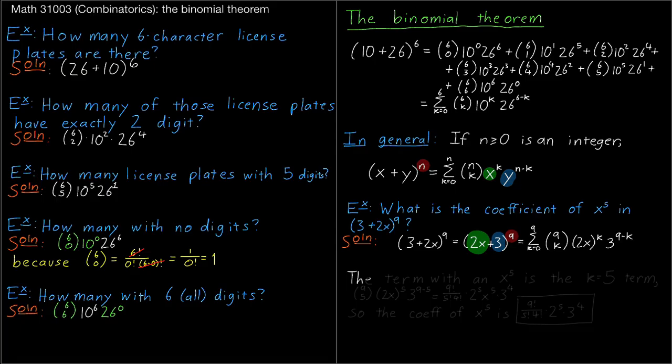So the term with an x to the 5th in it is the k equals 5 term, which is 9 choose 5, and then 2x to the 5th, 3 to the 9 minus 5, which we can simplify down to 9 factorial over 5 factorial, 4 factorial, and then 2 to the 5th, x to the 5th, and then 3 to the 4th.